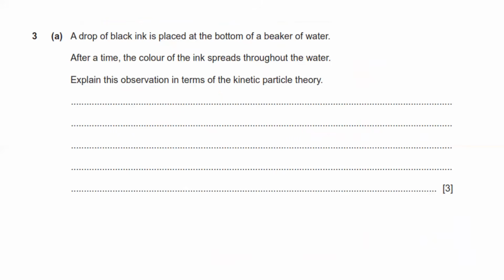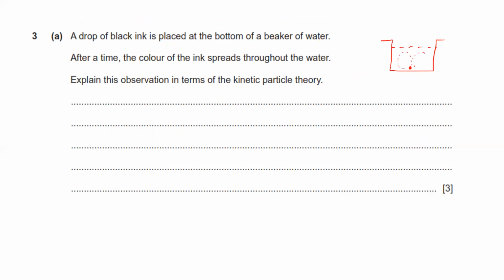Next part, question 3. It says a drop of black ink is placed at the bottom of a beaker. After a time, the color of ink spreads throughout the water. Explain this observation in terms of kinetic particle theory. So this is a beaker of water, and say this is a drop of ink, and what will happen?